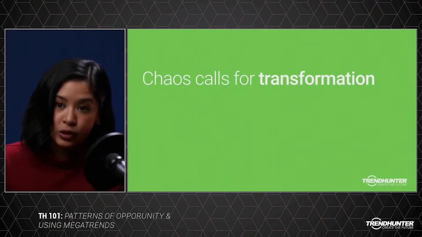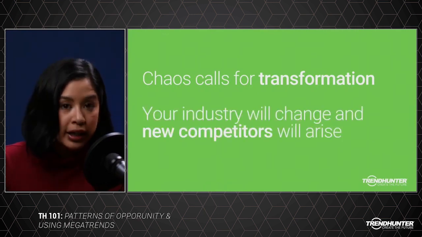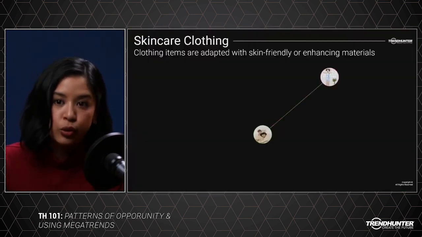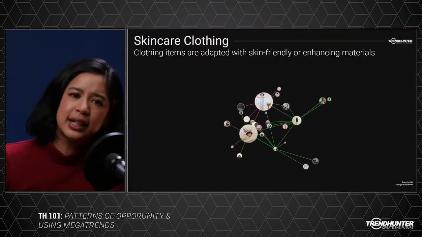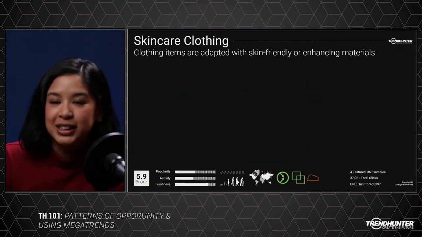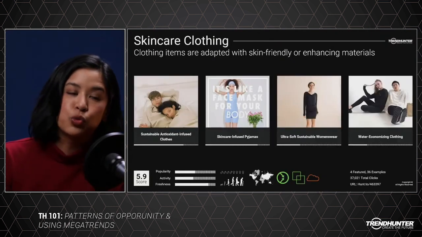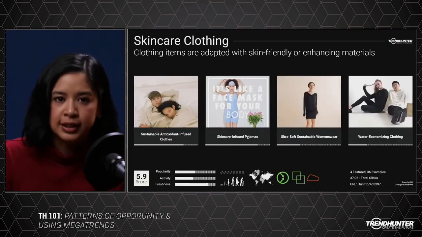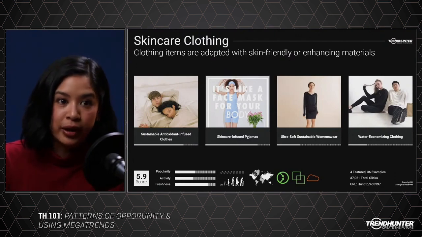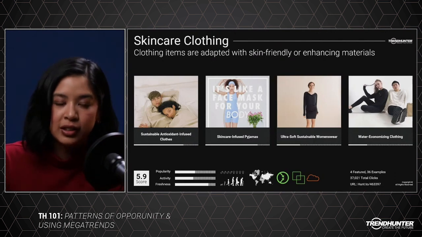Chaos, which we are still currently in, calls for transformation. Your industry will change and new competitors will arise. Now, one example of this that I think is very interesting is skincare clothing. Here we see a hybridization of the ever-popular skincare industry, which really had a boom over the past couple of years as people focused more on self-care, and this idea of leisure wear, which of course also increased in popularity as many places were still on lockdown.